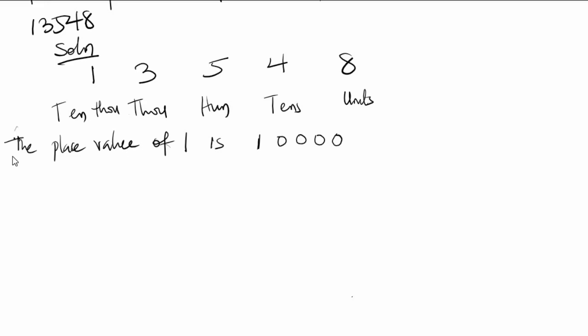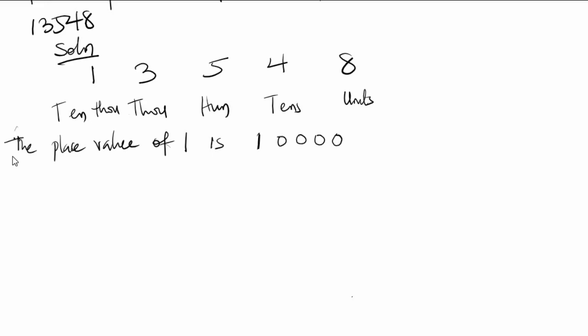We know where each digit belongs: 8 under units, 4 under tens, 5 under hundreds, 3 under thousands, and 1 under 10,000. So 1 is under 10,000, which is 1 times 10,000. Or there is a simpler way to get it.